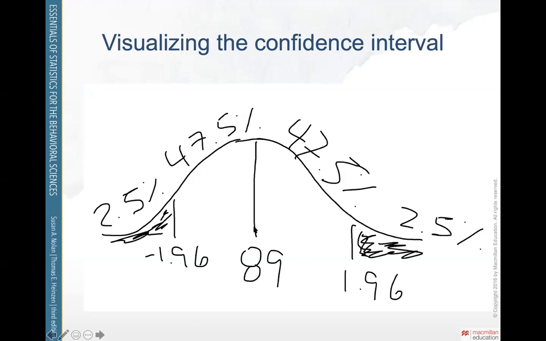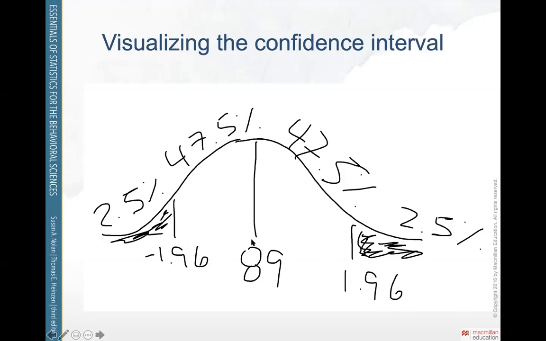Please know that when we were doing hypothesis tests in chapter 7, the thing that was in the center of the distribution was the population mean. But when you're making a confidence interval, the thing which is at the center of the distribution is the sample mean. So the number 89 is in the center here. And then the boundaries are marked with Z equals negative 1.96 and Z equals positive 1.96.